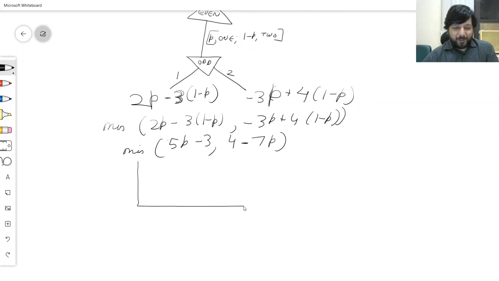Let's plot it up. So this is your p. That's your first line, that's how it goes. This one becomes your second line, and this one is going like this.